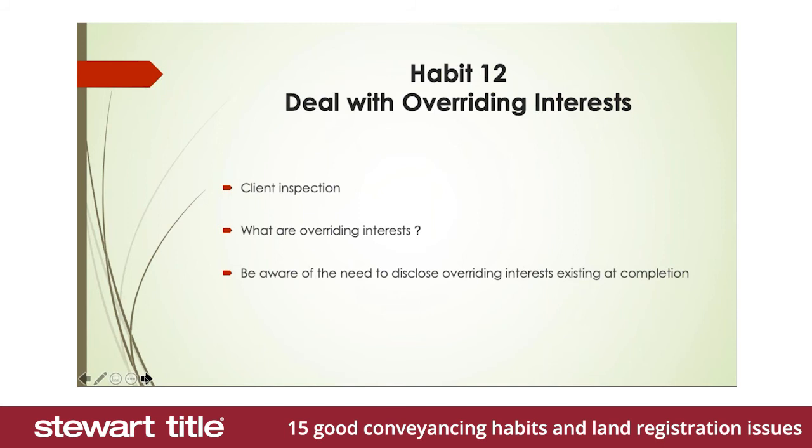Remember, with regard to client inspection, things that are actually seen when they inspect are binding on the client. Things that they should have seen had they carried out a reasonable inspection are binding on the client. Constructive notice, and there's also imputed notice if a third party surveyor or valuer, for example, examines, and if they are aware of an overriding interest, that potentially is binding on the client as well. I've given you detail relating to all of that within the notes.